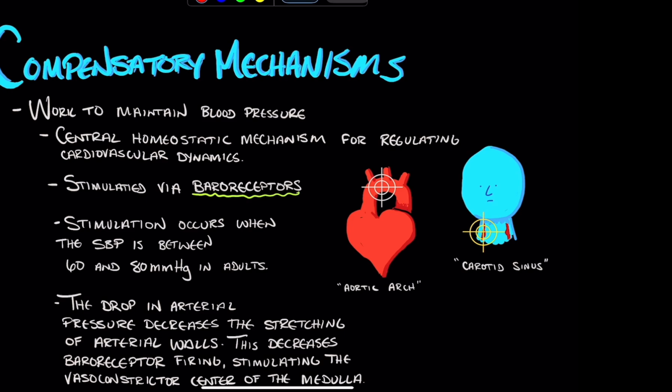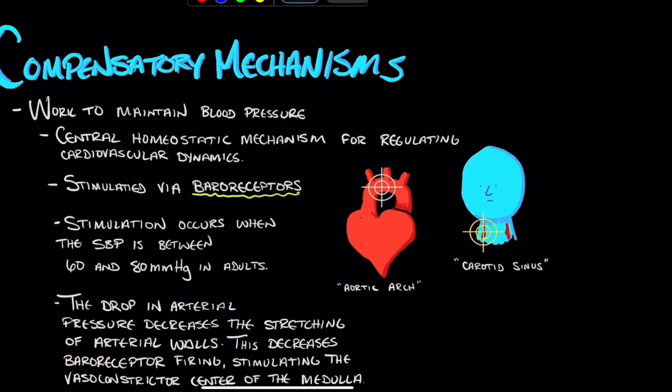This mainly is driven by what are called baroreceptors. If you're a person like me that likes to get to the root of the word to understand what's going on, baro, if you remember, is pressure, and then receptor is obviously just a receptor. So it's a pressure receptor that is located somewhere in the body.